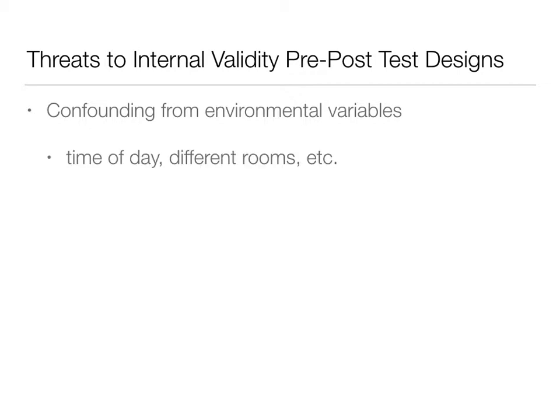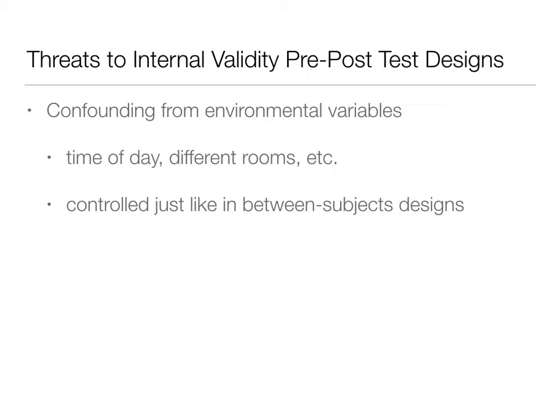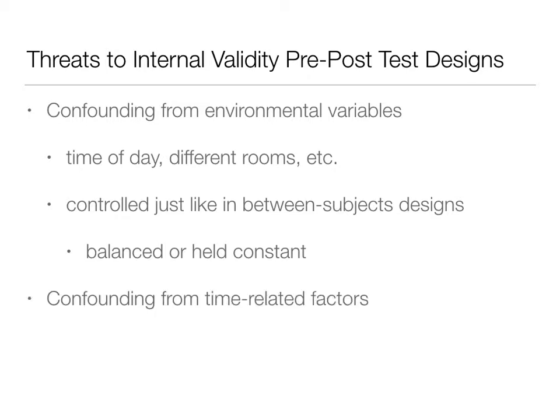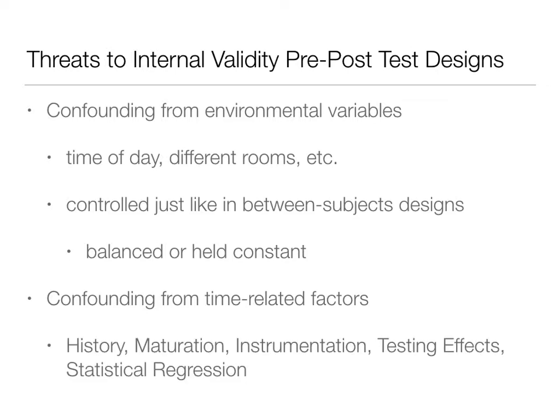These happen when we have confounds from environmental factors, environmental variables. This can be the time of day, this can be different rooms, and we control them just like we do in any other between subjects design. We balance them or we hold them constant. We can also have confounds from time-related factors: history, maturation, instrumentation, testing, and statistical regression.